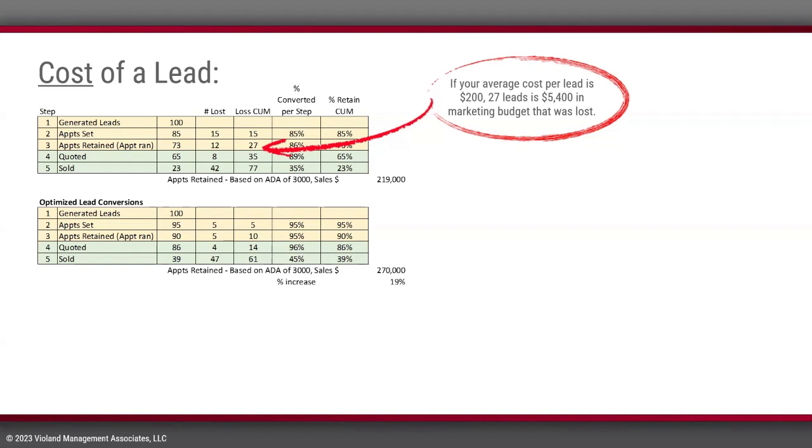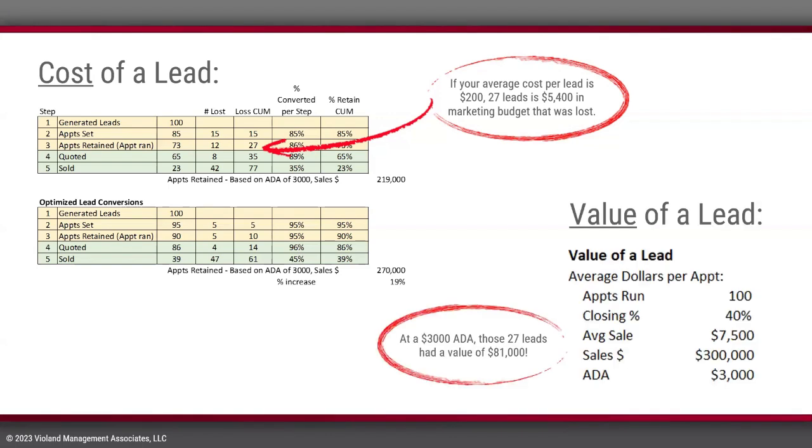But like they say in infomercials, but wait, there's more, because it's not just about the cost of the lead, it's also about the value of the lead. The value of the lead is represented by your average dollars per appointment.